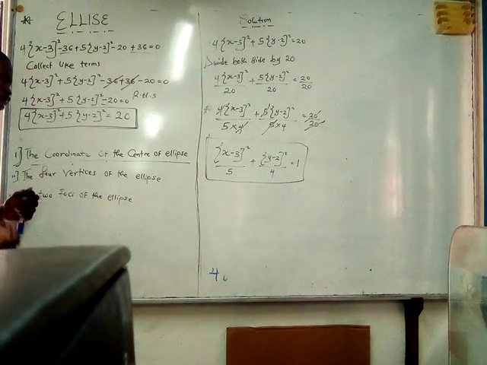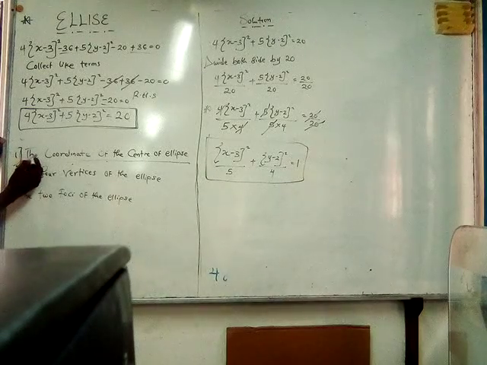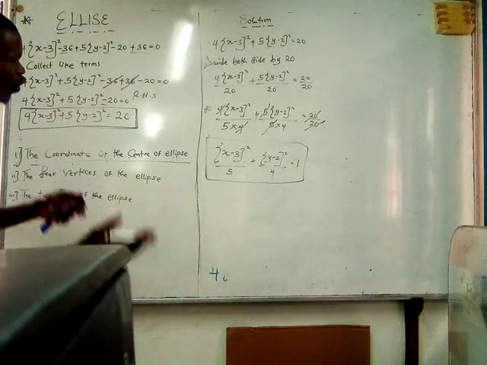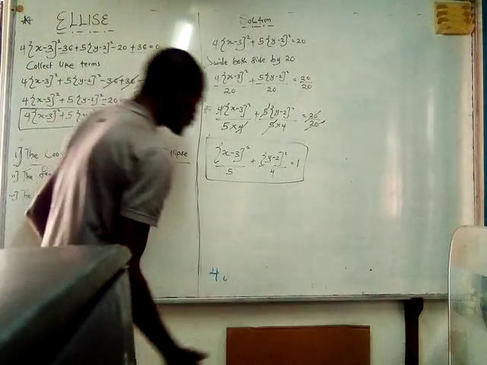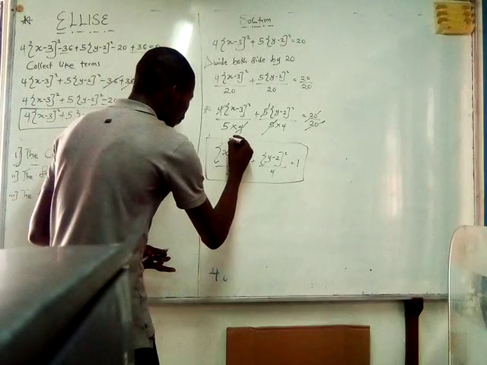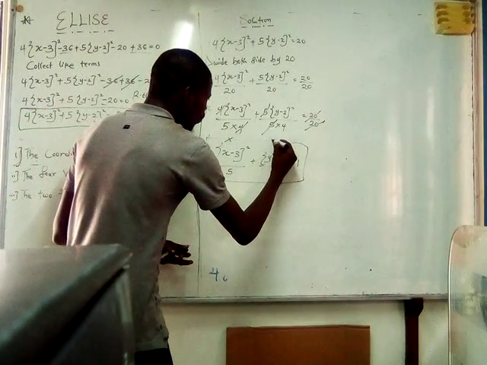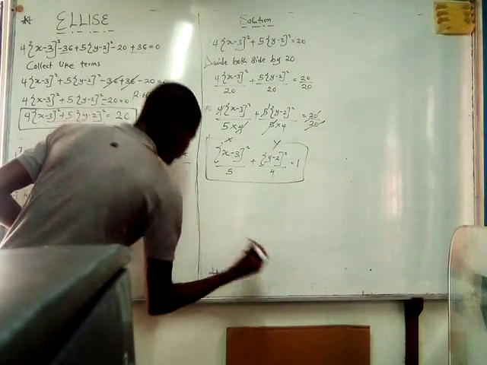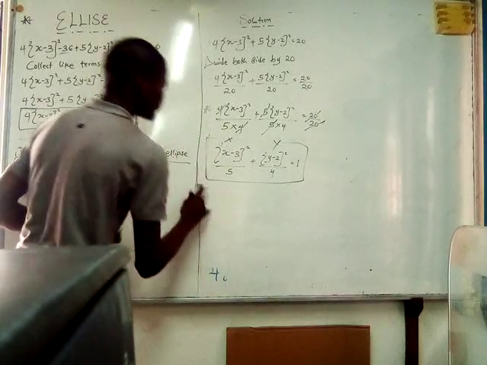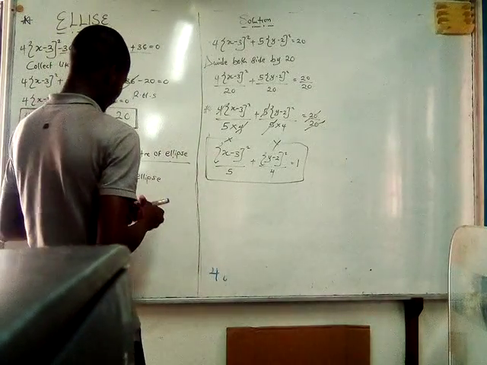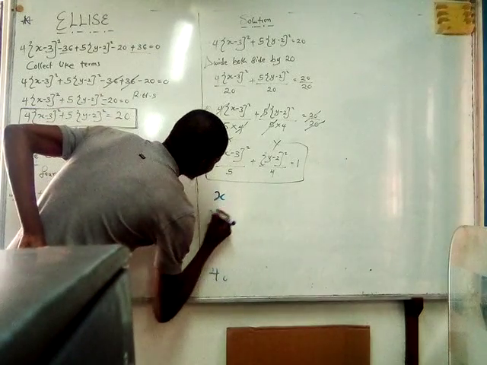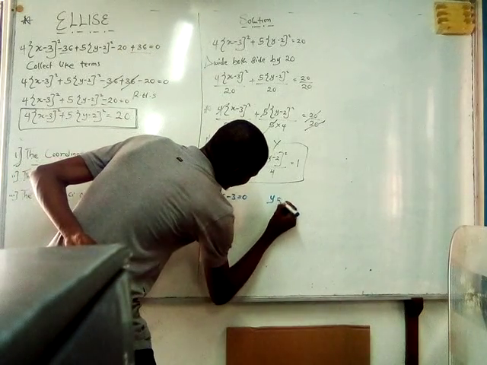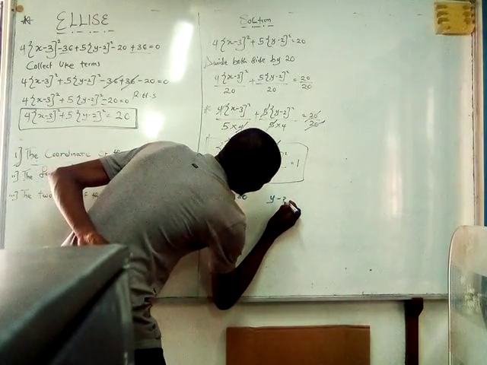In the question, they said that in figure 1, find the coordinate of the center of the ellipse. So represent this as your x and this as your y. So your x minus 3 equals to 0, then your y minus 2 equals to 0.